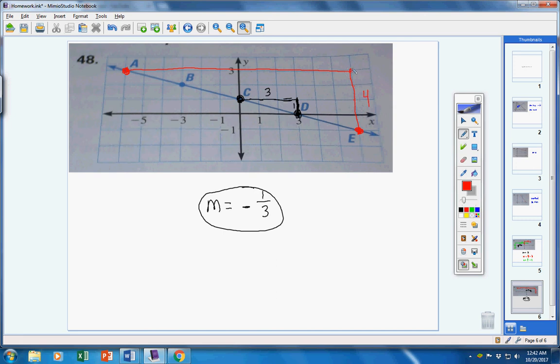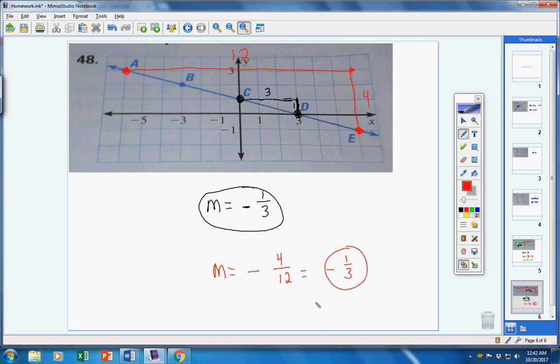My run, starting here, count as you move, is 1, 2, 3, 4, 5, 6, 7, 8, 9, 10, 11, 12. So my slope is negative because the line is sloping downward. Rise, which is 4, over run, which is 12, which reduces to negative 1/3.